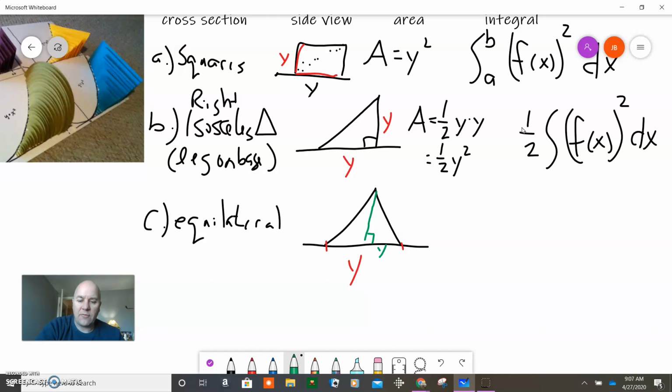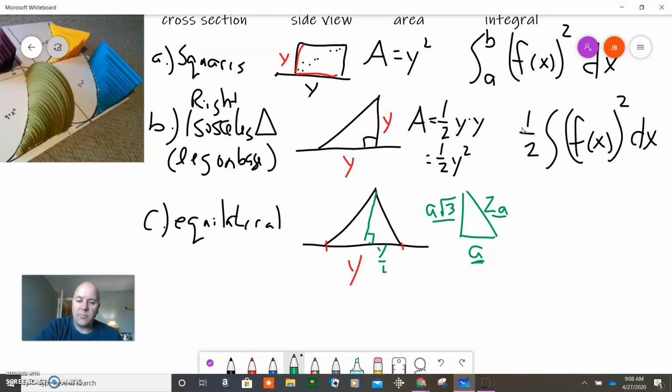So once I cut it in half, it'll be y over 2. Now, think of this as a 30-60-90 triangle. Whatever the short leg is, the hypotenuse is 2a, not helpful because I want the height. The long leg is a square root of 3. As an example, if this is 5, this is 10. If this is 5, this is 5 square root of 3. You should know this from geometry.